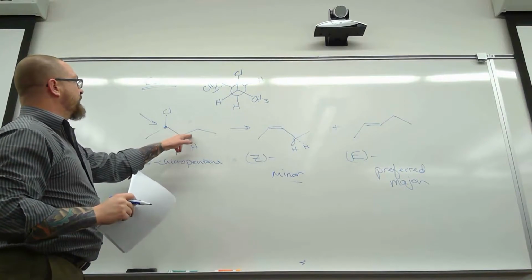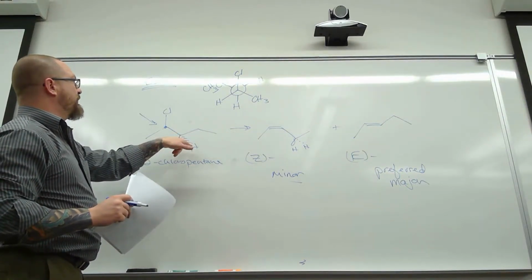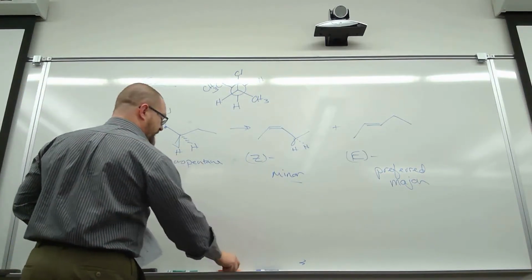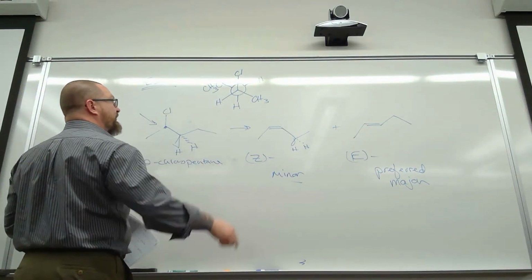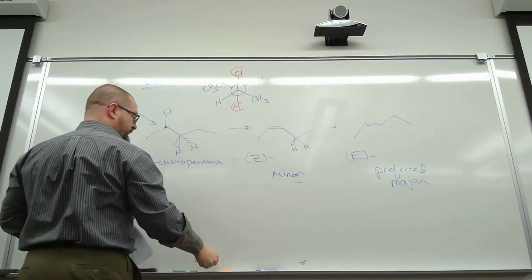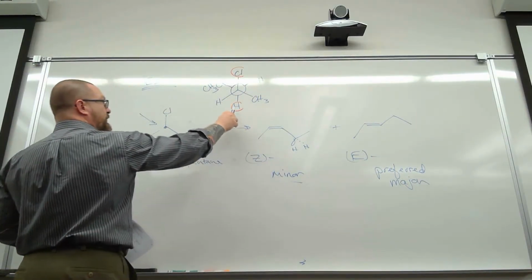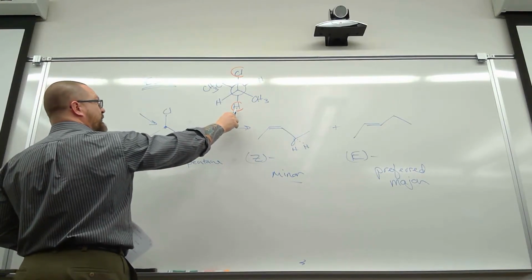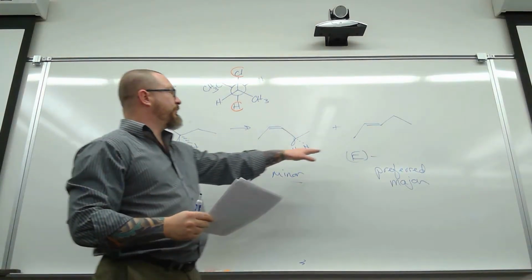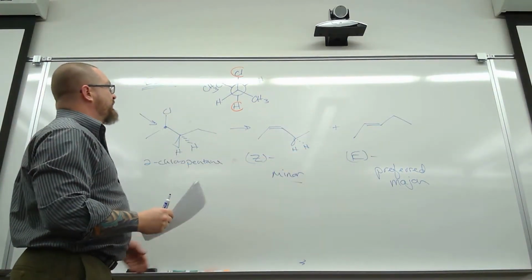So we've got this drawn up, these 2, that works. So if this reaction proceeds, we'll lose the chlorine, we'll lose this hydrogen to form the double bond, and which of these two will be formed?